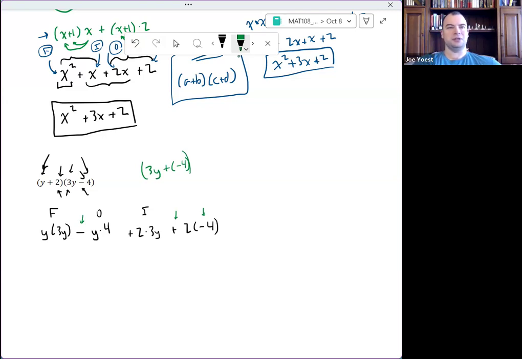So I would say do it the way that you're less likely to make an error. And for my first, y times 3y is 3y squared. I have minus 4y plus 6y is a plus 2y, and then minus 8.